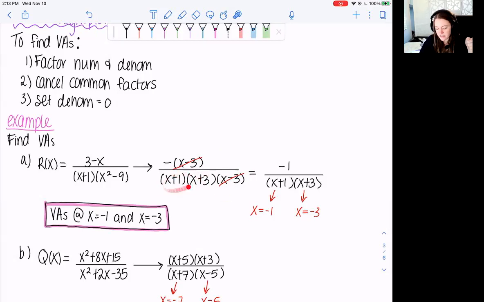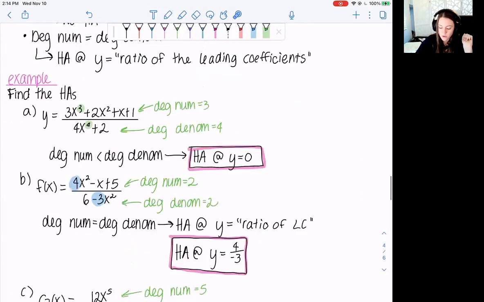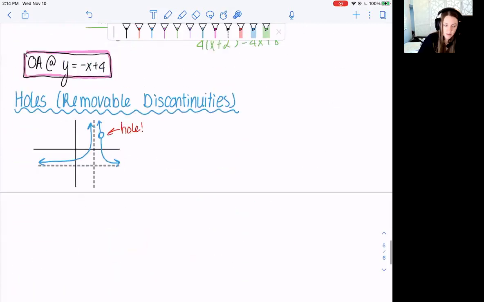We only got asymptotes out of these guys. And I said something happens with this, but we'll talk about it later. The something that happens is it creates a hole in the graph. When you cancel a factor out like that, it creates a hole.